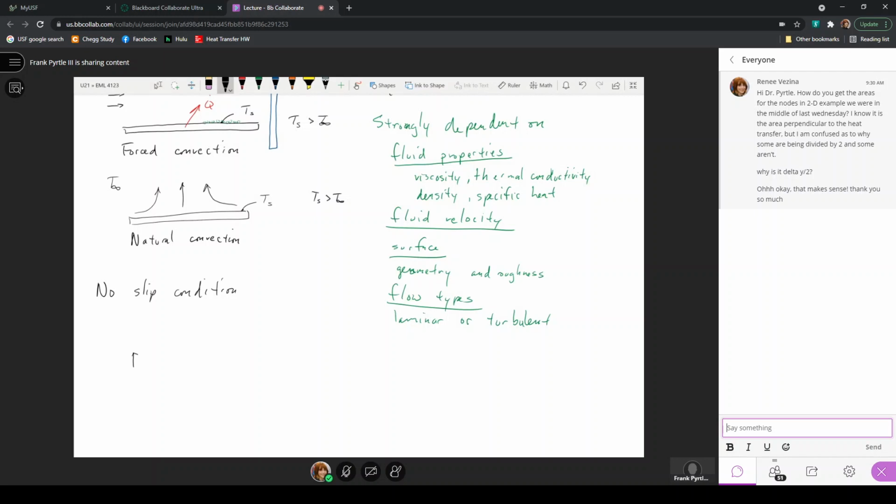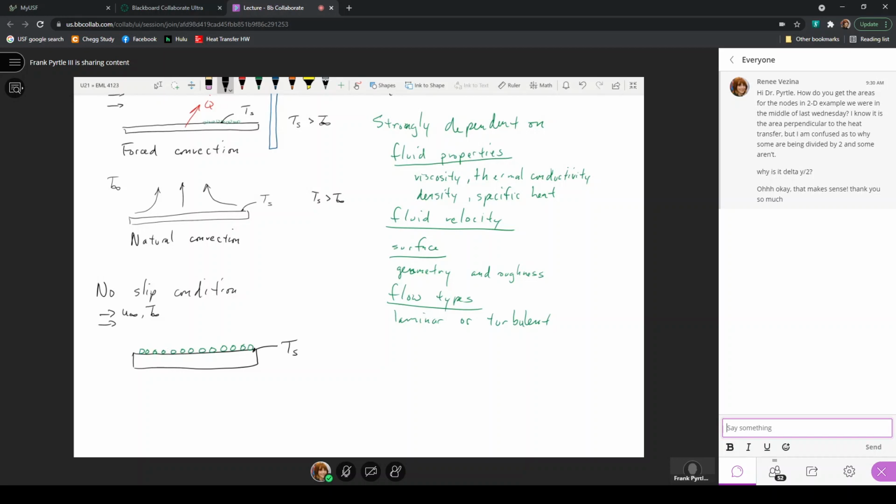So if I just kind of blow this up here, if I have a stationary set of molecules on the top of this surface, and let's say this is the surface temperature Ts, and I have a fluid free stream velocity and a fluid free stream temperature, U infinity and T infinity.